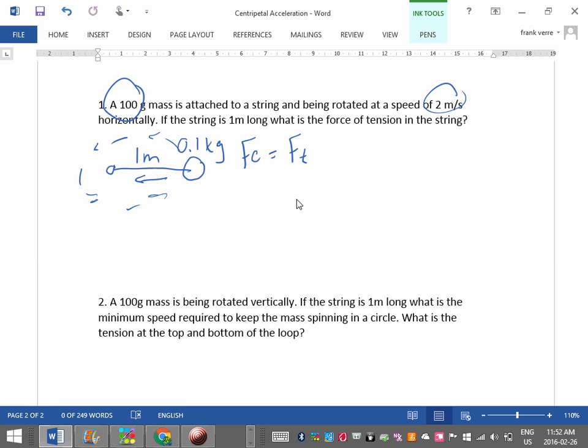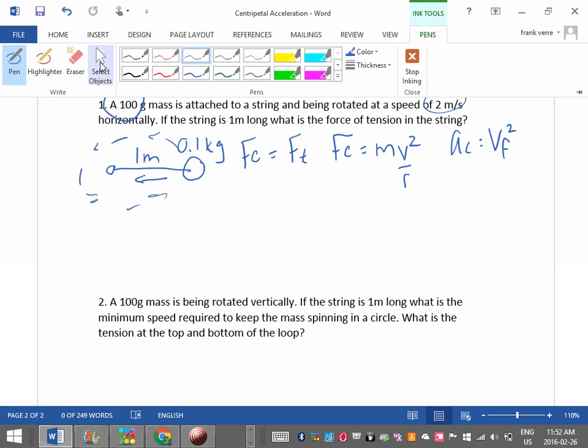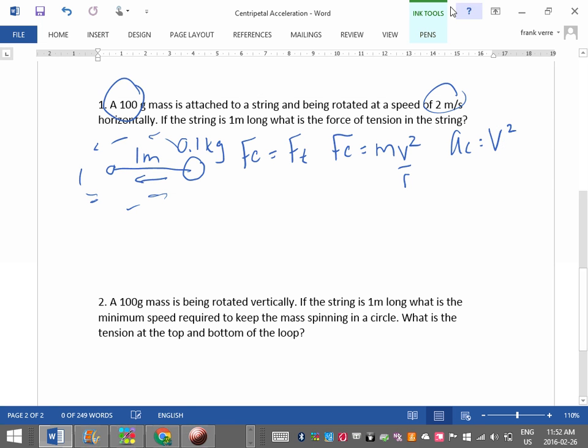So the formula for centripetal force is mv squared over r. The v squared over r is actually the acceleration. So mass times acceleration is what?